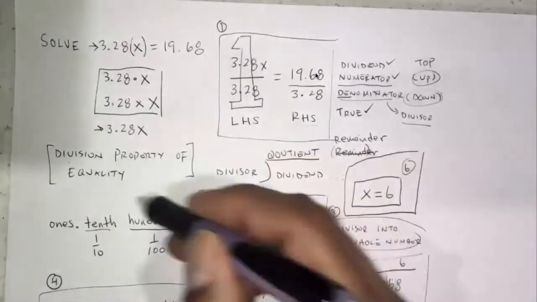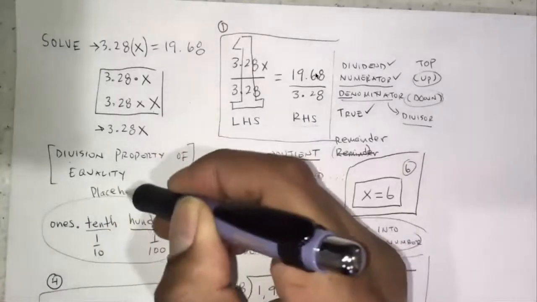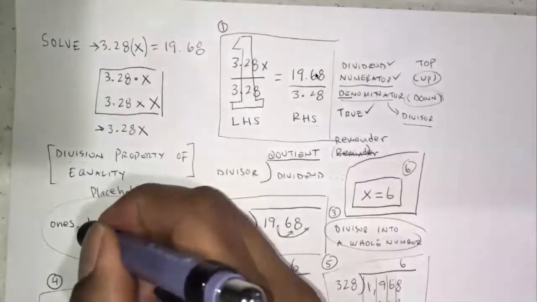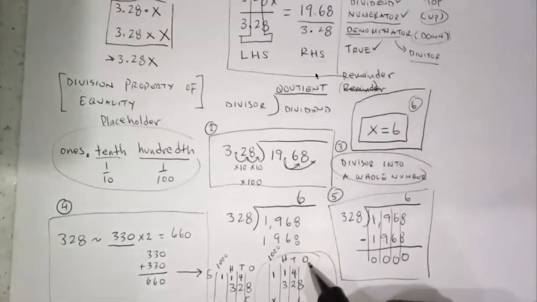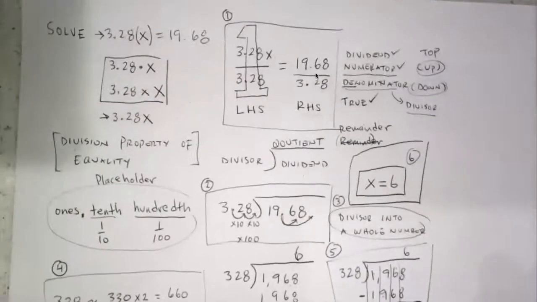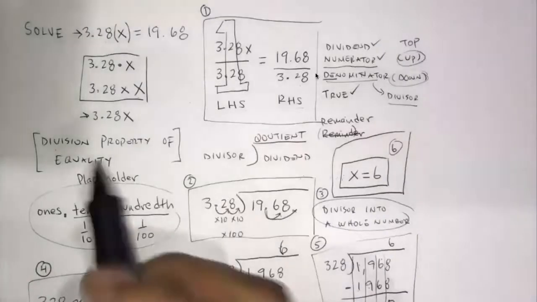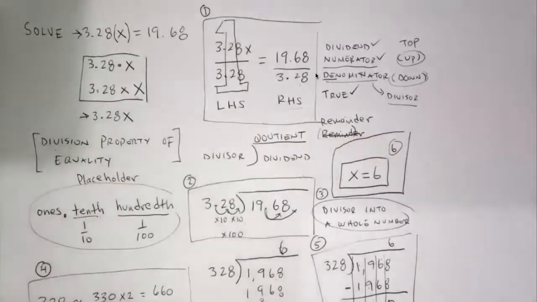We talked about the placeholders, just so we could remember what it looks like when we have the decimal: tenths, hundredths. And then we also did the placeholders to the left: ones, tens, hundreds, thousands. So I'm hoping that this helped you understand how to apply the division property of equality when you're dealing with two decimals.